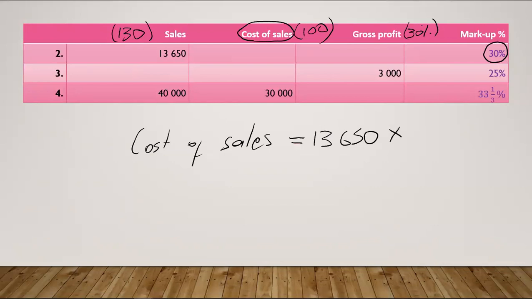I want cost of sales, and the percentage for cost of sales is 100. So I'll multiply by 100. What is it that I have? I have this 13,650, but that 13,650 is already at 130%. So we'll divide by what I have. And this will give me my cost of sales figure.